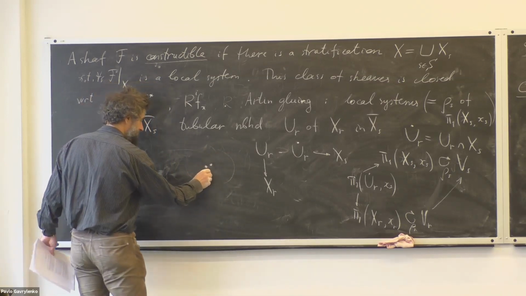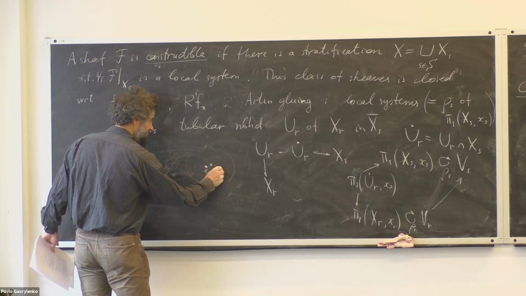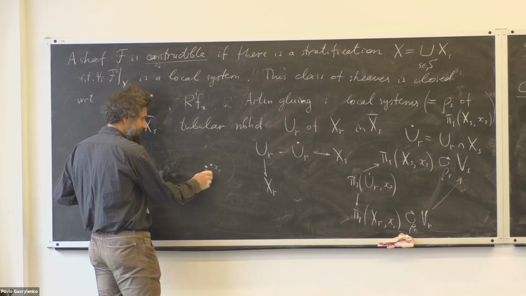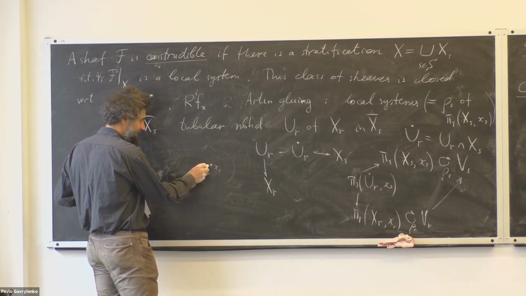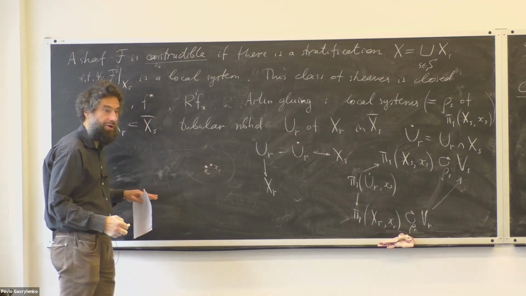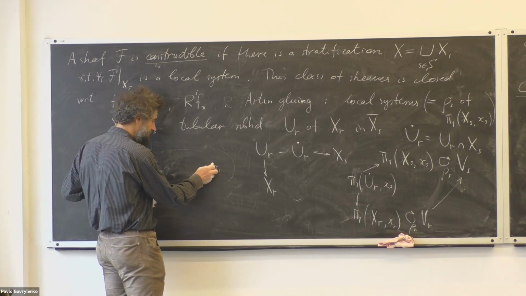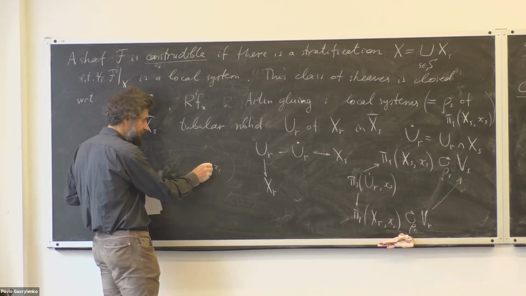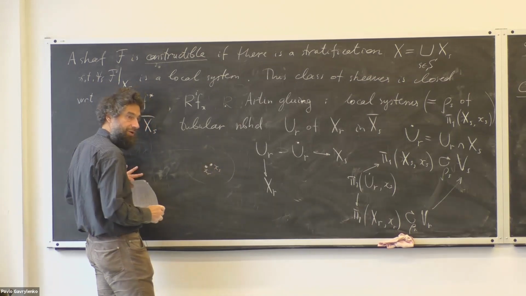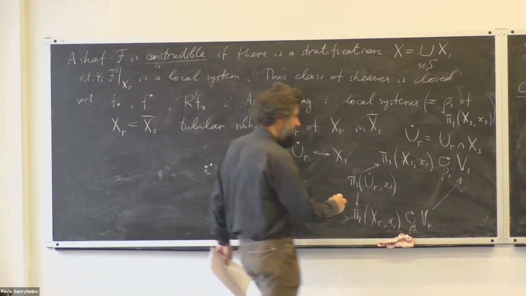This is X_R, this is X_S. Then certainly you have a so-called co-specialization morphism from this smaller stalk to the bigger stalk. Just because the smaller stalk is by definition the sections on some neighborhood here, and then you can restrict it to the nearby point. So there is this co-specialization morphism.